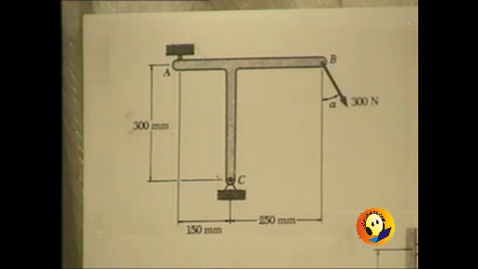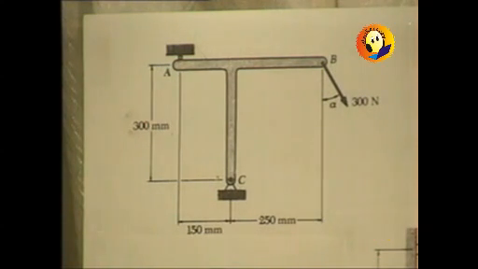That is at point B. Whereas at point A it is supported by a roller, and at point C it is hinged. So all the lengths are known.